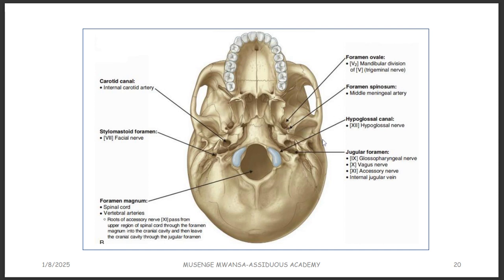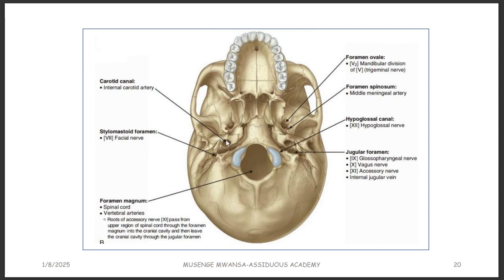And then you can see this is the foramen magnum. On the side of the foramen magnum, that's where you have got the hypoglossal canal. And then you have got the jugular foramen, it is more lateral to the hypoglossal canal. And then you have also got the carotid canal. The carotid canal is more on the anterior aspect of the jugular foramen. Take note of that anterior aspect.